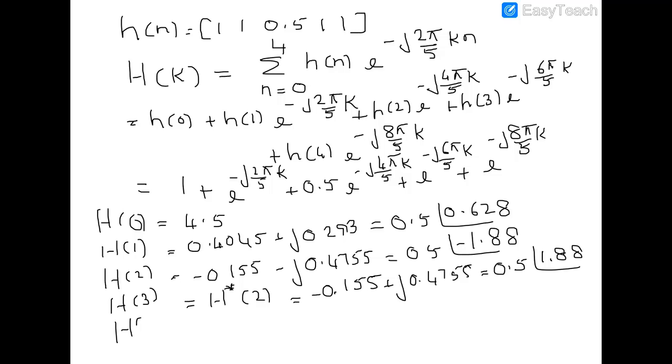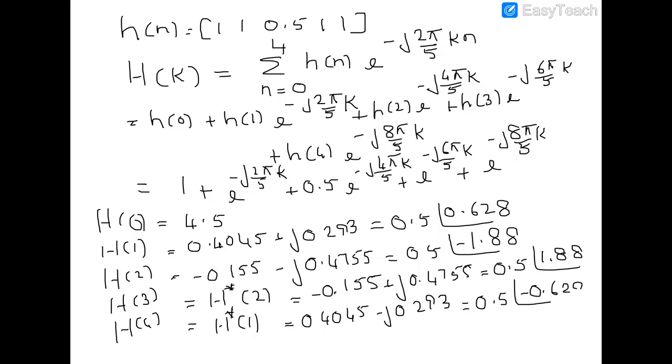H of 4 gives us H conjugate of 1, that gives us 0.4045 minus j 0.293. That will give me 0.5 minus 0.628.